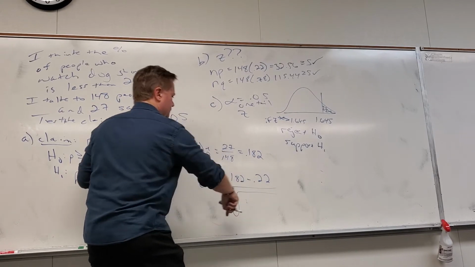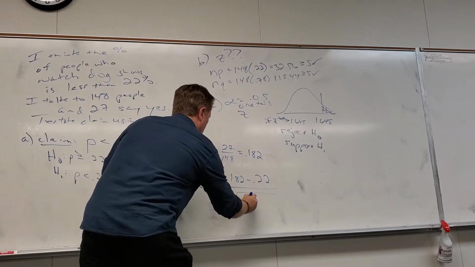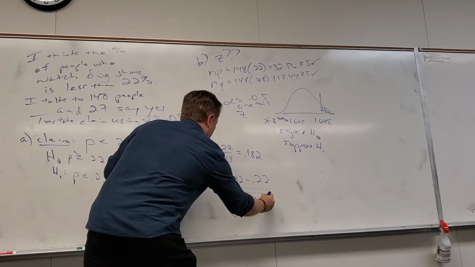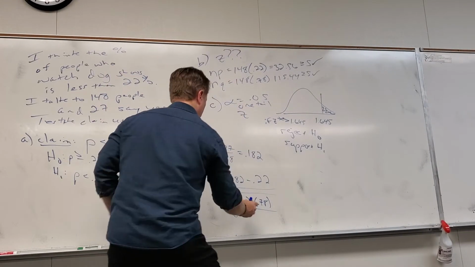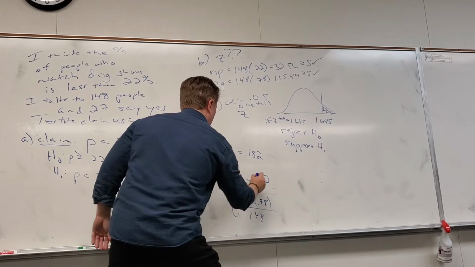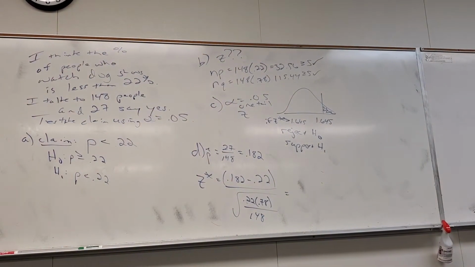What goes in here? 42. Good. 0.22 times 0.78 divided by 148. I'm really curious how this problem I made up on the fly comes out. I feel that Z is going to be kind of big.